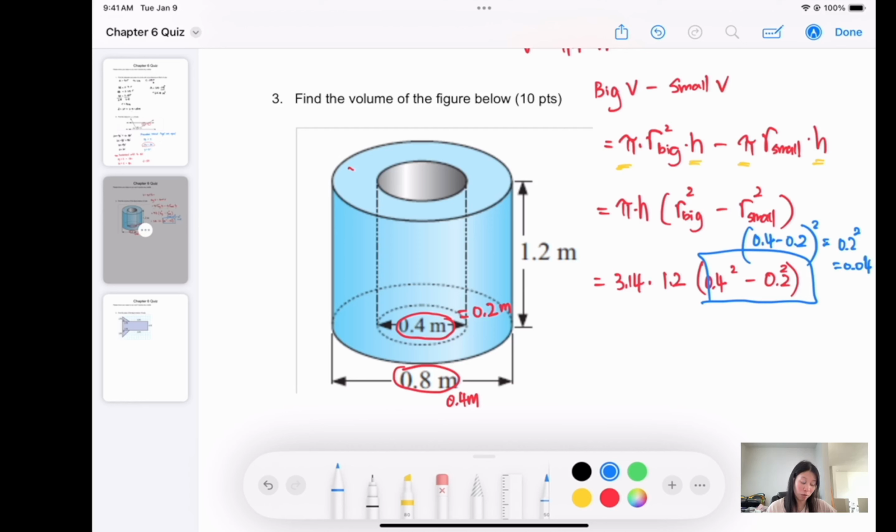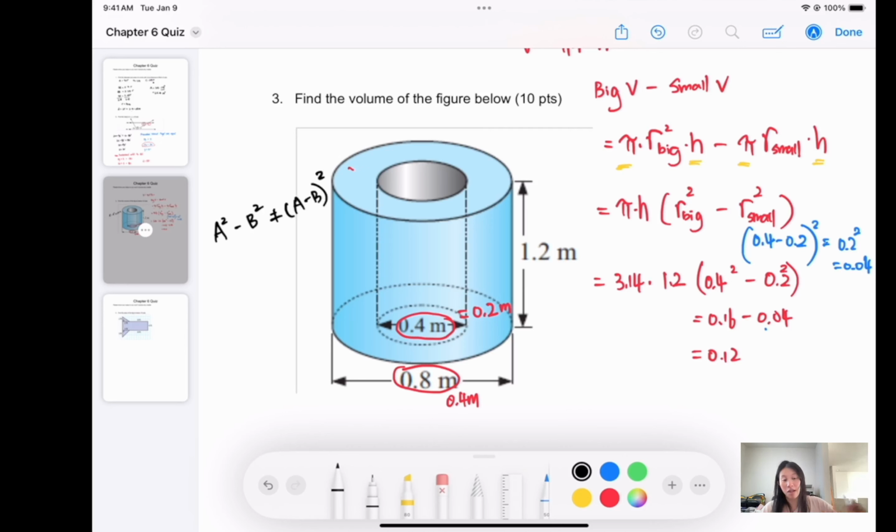But 0.4 squared minus 0.2 squared is equal to 0.16 minus 0.04, which is, let me use a red pen so you can see the difference, 0.16 minus 0.04, which is 0.12. So you see the result is different. So just for future reference, a squared minus b squared is not equal to a minus b, squared. These two are not equal. Okay, get back to our questions.